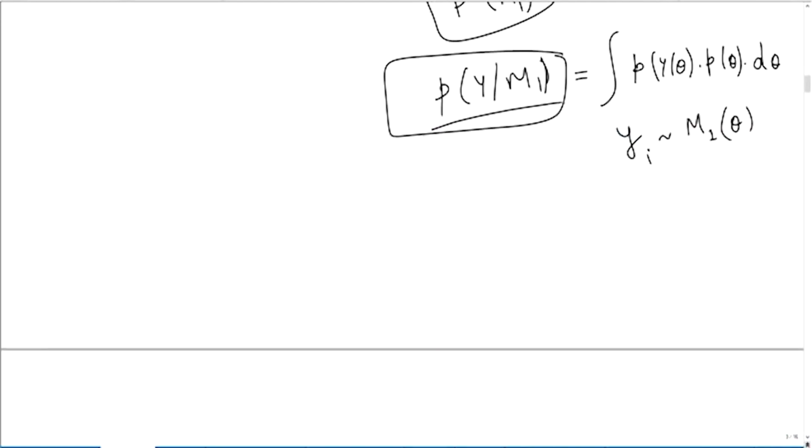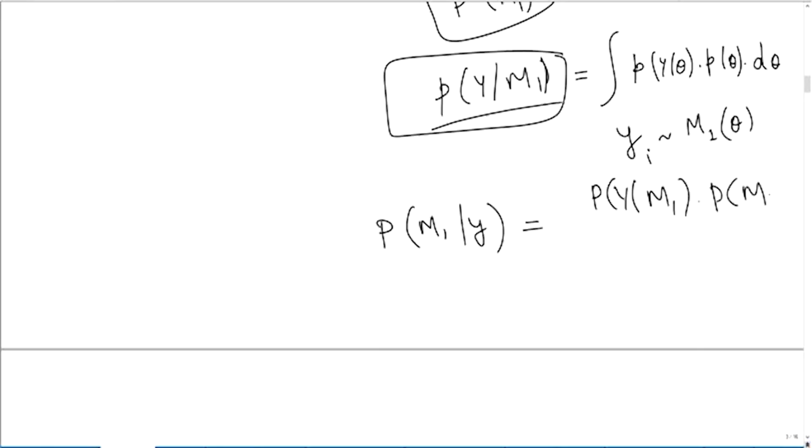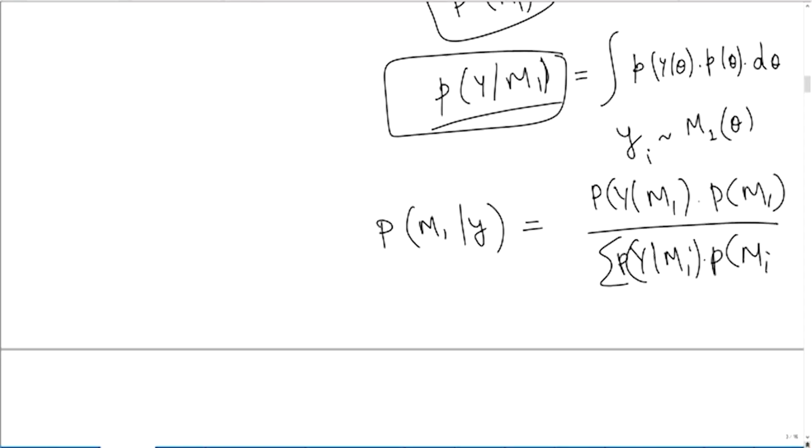Okay. So, now you can rewrite probability of choosing model M1 given some data y. It is given by probability of y given M1 times probability of M1, divided by summation of probability of y given Mi times prior probability of model Mi, i equals 1 to n.